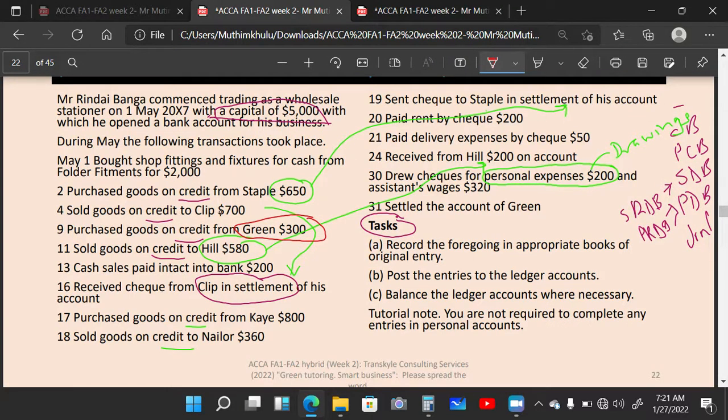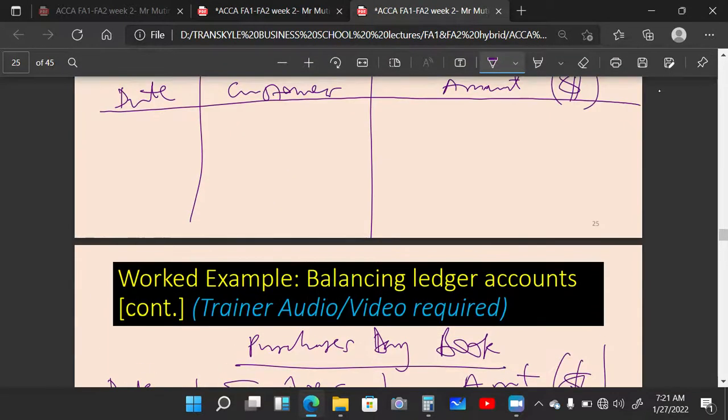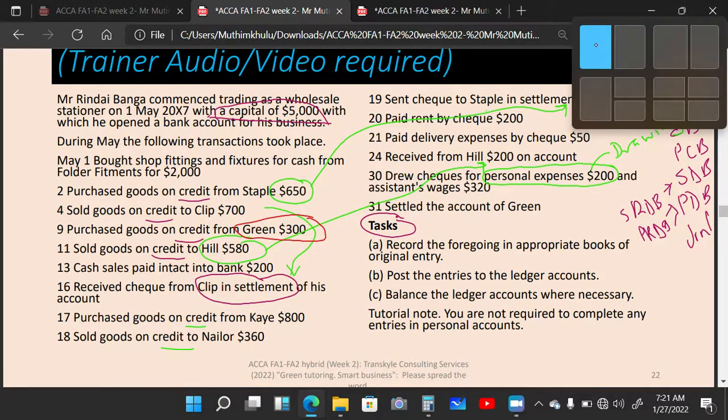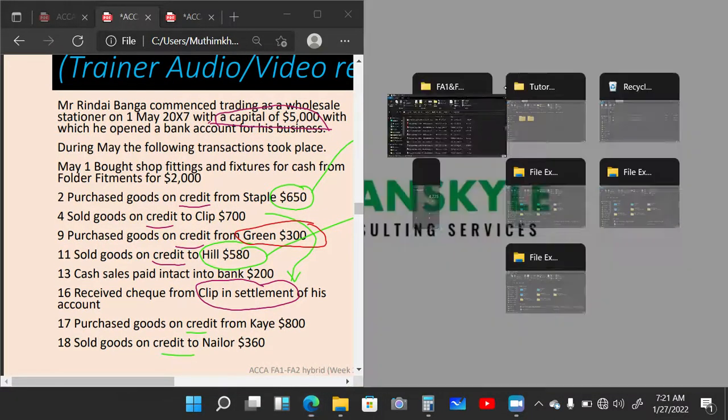Sold goods on credit to Clip, 700 sales. So we go to the sales table. What was it? I think we can do this. Let me just try. Sorry, it may flop.